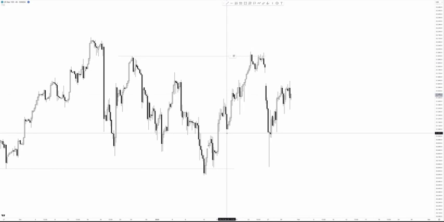So you got this liquidity, or you can say channel or whatever. But yeah, so you got this liquidity right here that got swept. The market came for inducement low, and let me see, I believe, let me turn this gray.